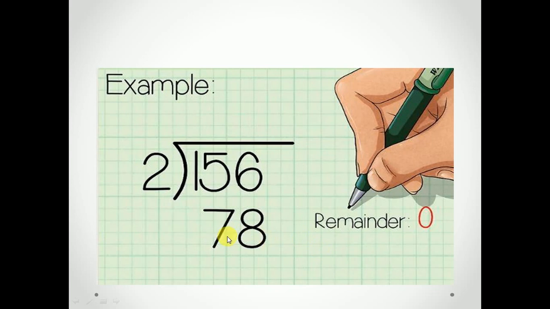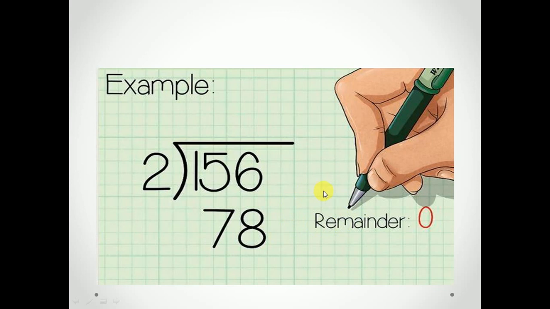During 5th standard, you were to write the quotient on the top. But in this conversion, you have to write the quotient here and the remainder to the right of this.